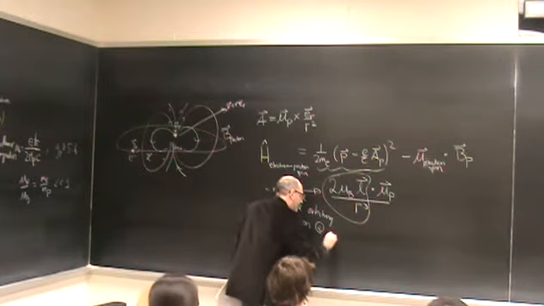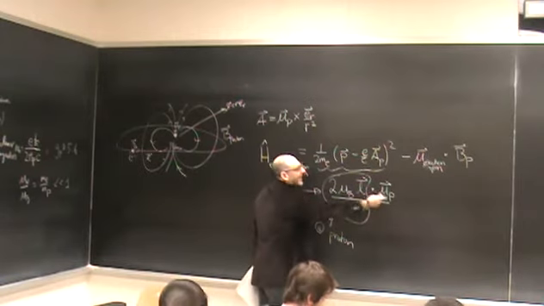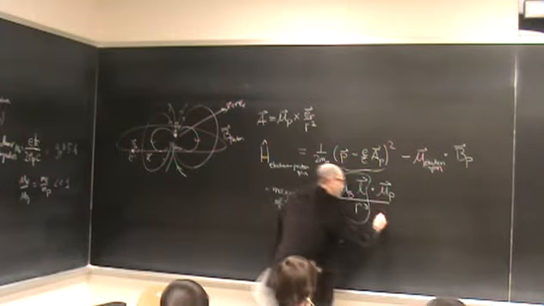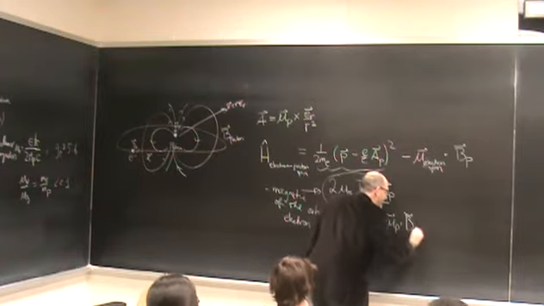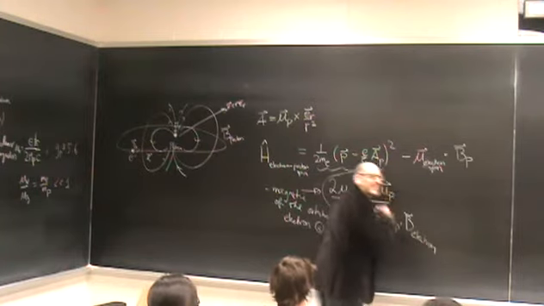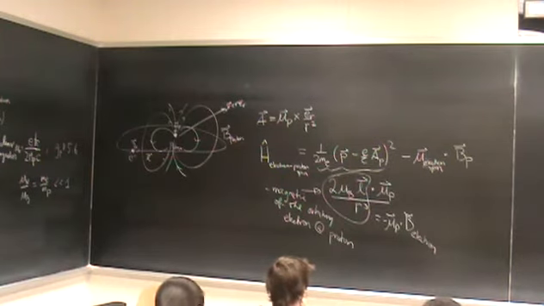So this is a minus mu proton dotted into the B of the electron. That's what this term is.